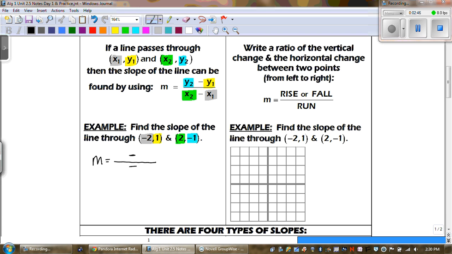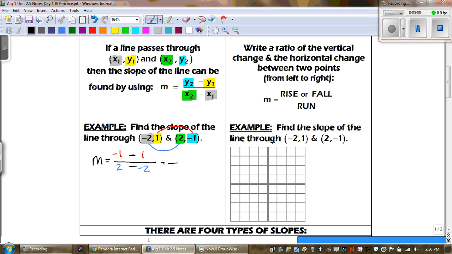Now I'm going to start filling in all the information. I color coded it. You can think of it as -1 and 1, and then 2 and -2. And from this point, we just solve it.